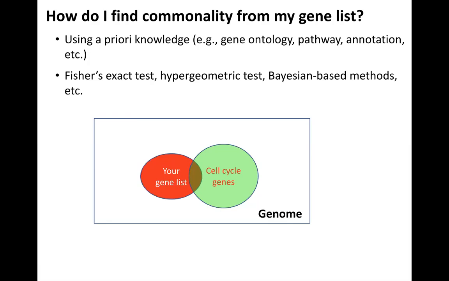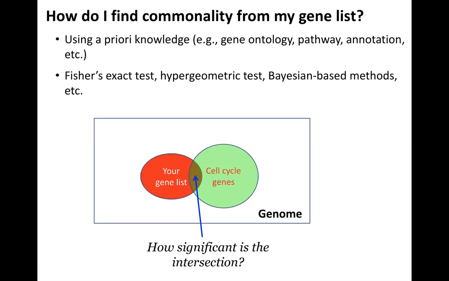So one thing you can do is get the list of all the annotated cell cycle genes, and look at how common they are in the background of the entire genome, and how significant is this commonality between your gene list and the annotated cell cycle genes, or annotated immune response genes, or annotated metabolism genes, right?